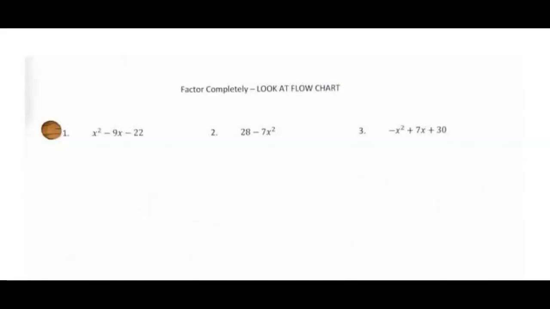So here's our notes. The first one, when I take a look at it, x squared minus 9x minus 22, there is no GCF. I'm going to write a few notes as I go. You do not have to write these down. There's no GCF. It is a trinomial. So I'm going to factor it with two sets of parentheses, two binomials.